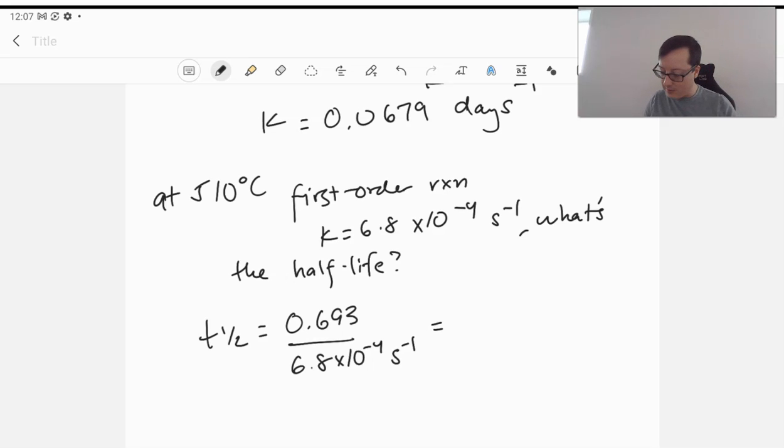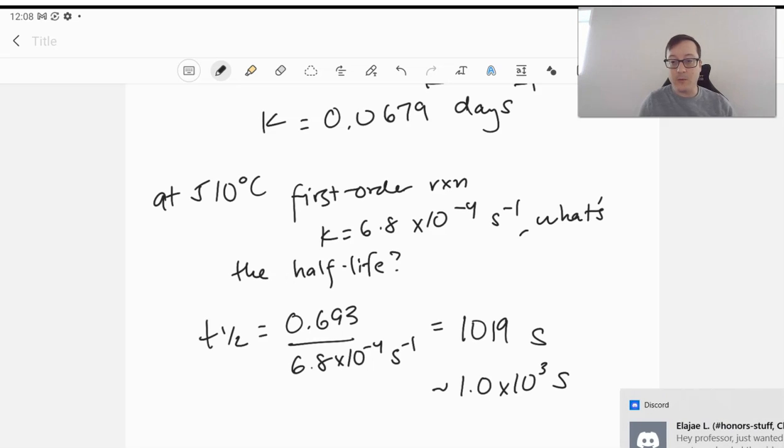Plugging it in, 0.693 divided by 6.8 times 10 to the negative 4, we get 1019 seconds, which with significant figures really becomes 1.0 times 10 to the 3 seconds. So, hooray! We have completed our half-life. It's about 1,000 seconds for half of this reactant to react.